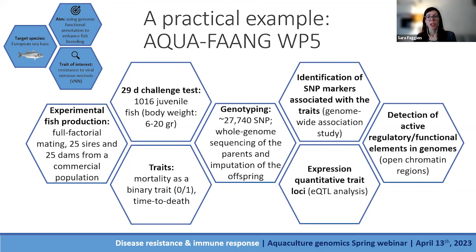Genome-wide association analysis has been performed, and SNP markers associated with the traits were identified. eQTL analysis has detected loci that explain a fraction of the genetic variance of a gene expression phenotype, and active regulatory or functional elements in the genome were also detected through the open chromatin regions analysis that Luca has already shown.